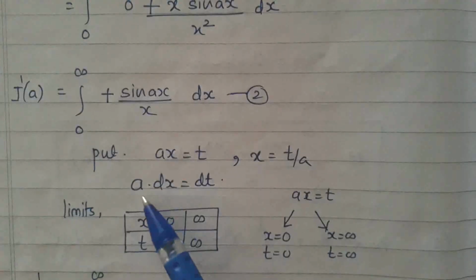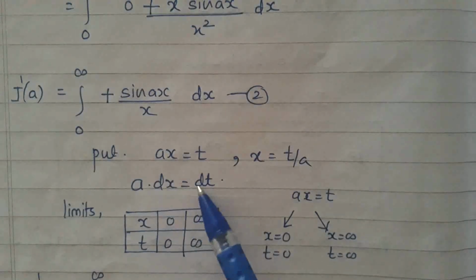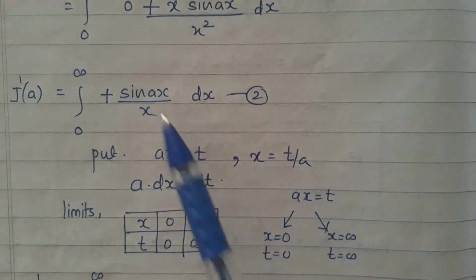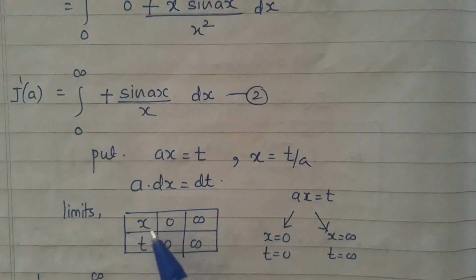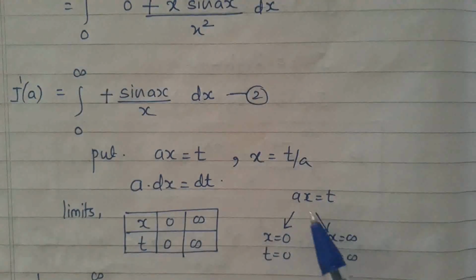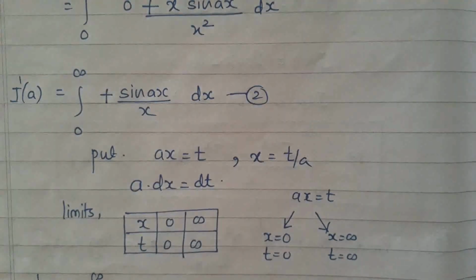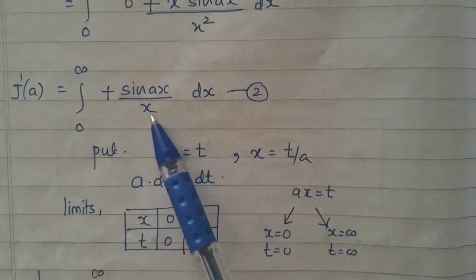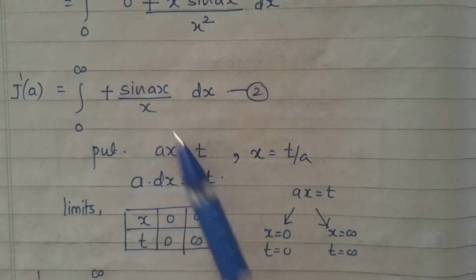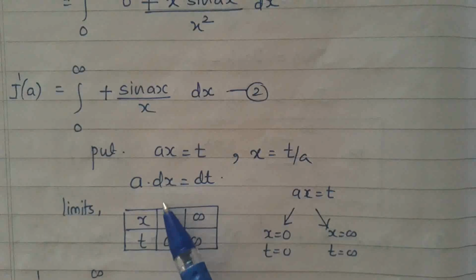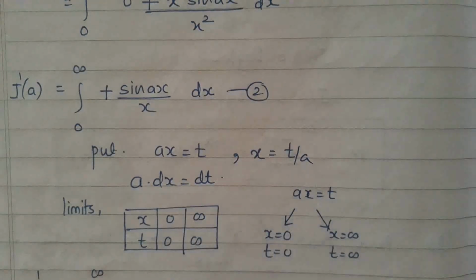Differentiate on both sides, a into dx is equal to dt, x is equal to t upon a, and change the limits also. So when x is equal to 0, t becomes 0. When x is equal to infinity, t becomes infinity. So this integral becomes 0 to infinity sine of t upon a, and dx is equal to dt upon a.